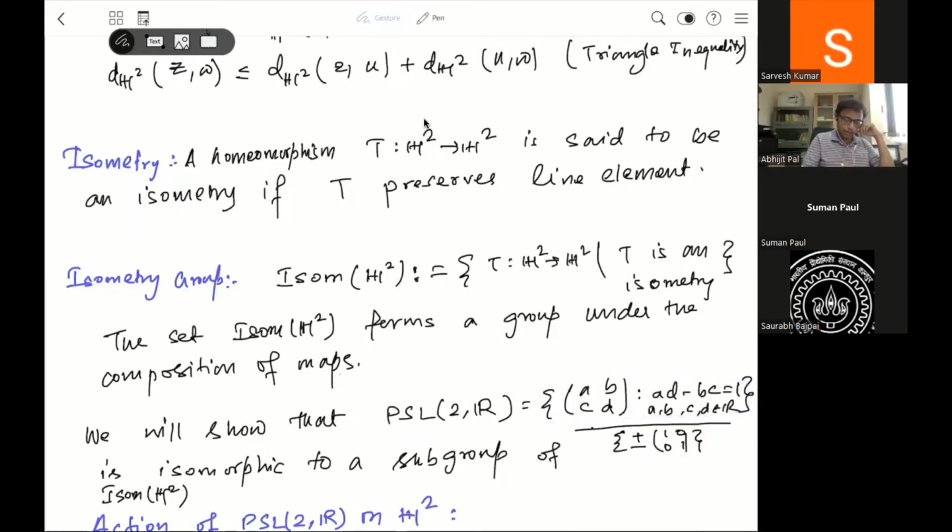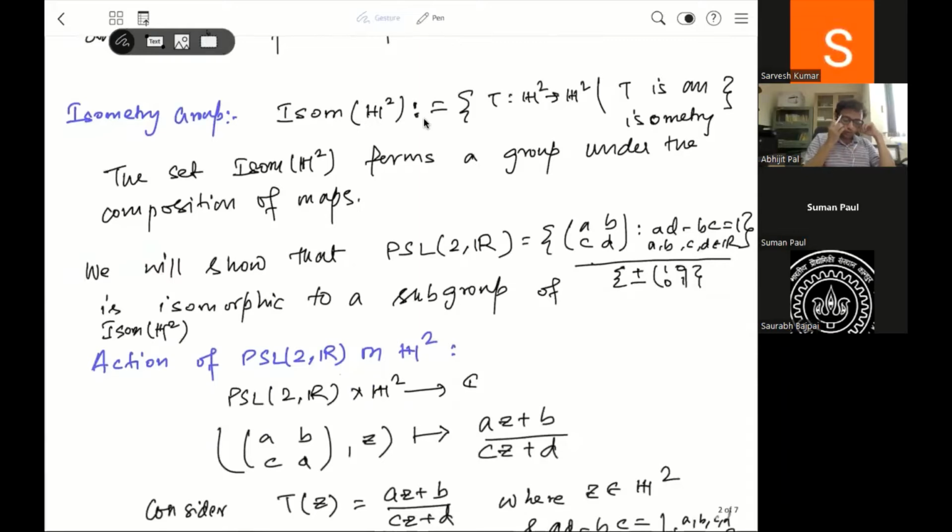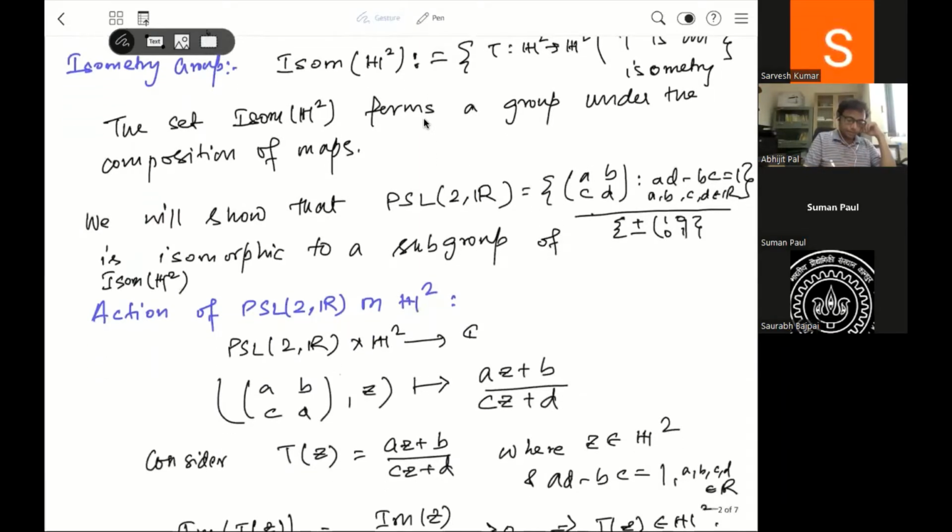In fact, PSL2(R) is isomorphic to a subgroup of the isometry group of the upper half plane: the group of all orientation preserving isometries of the upper half plane. How do you do this? First, you should have an action of PSL2(R) on the upper half plane.